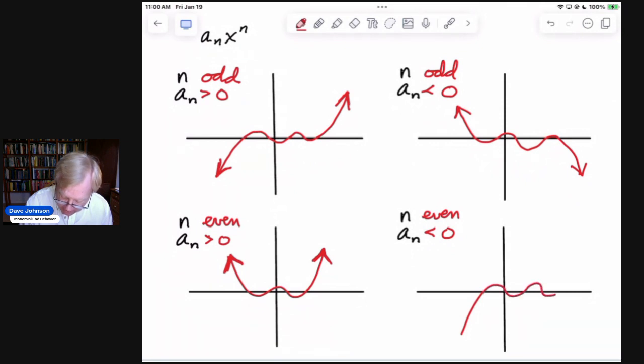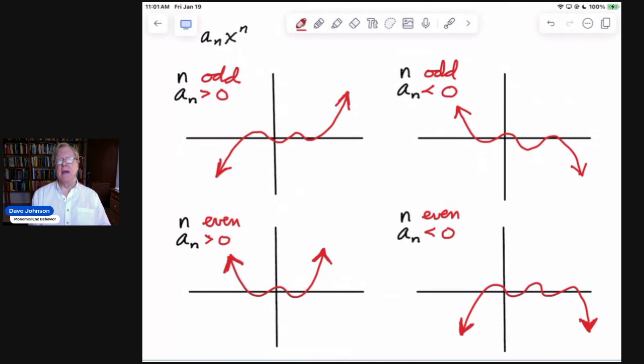Again, I'm just diagrammatically representing the turning points, but we're not too concerned about those right now. We're only interested in the end behavior. And so again, if n is even and the leading coefficient is negative, it's going to start low and end low.